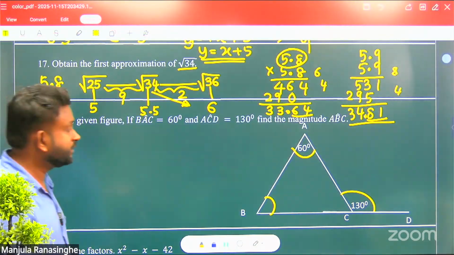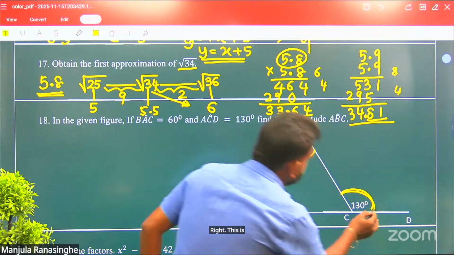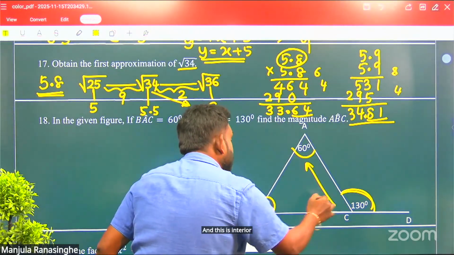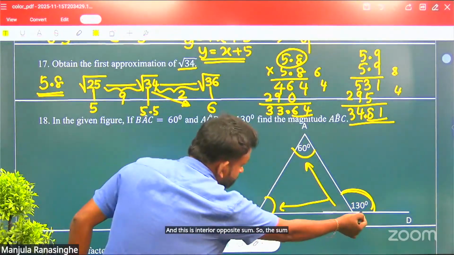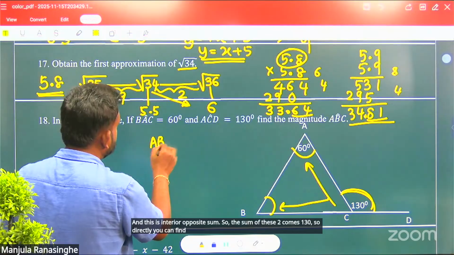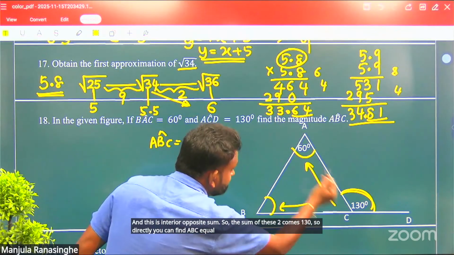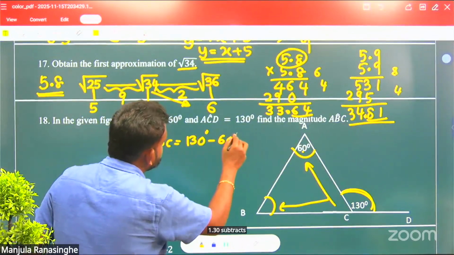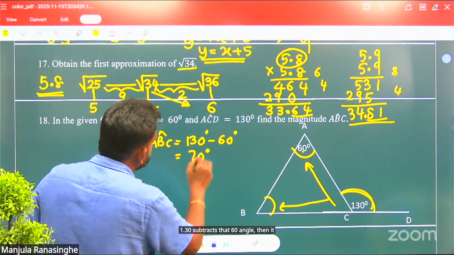This is the exterior angle 130 and this is the interior opposite sum. So the sum of these two comes 130. So directly you can find ABC: from 130 subtract that 60 angle, then it comes as 70 degrees.